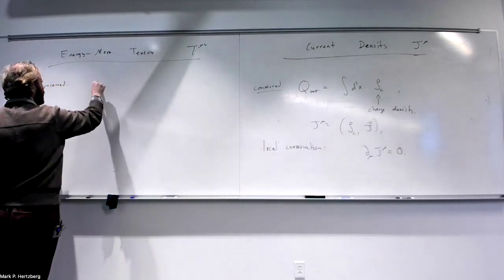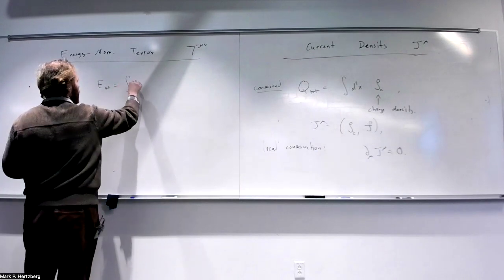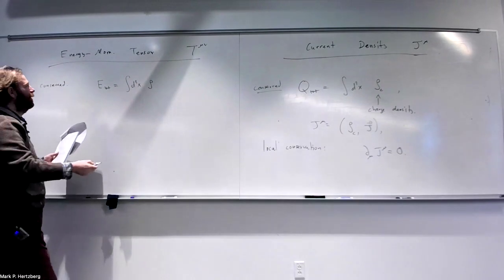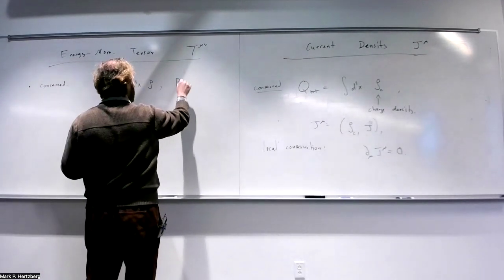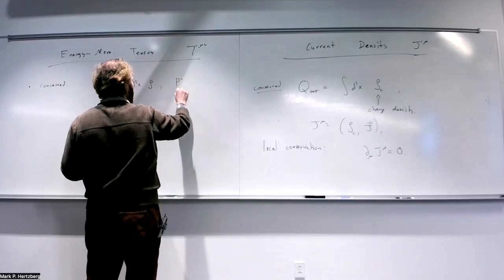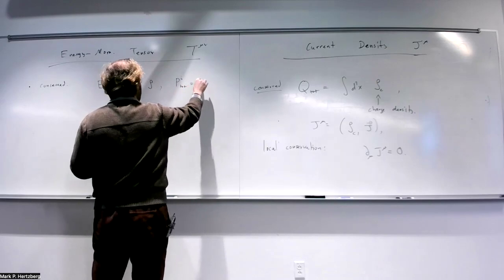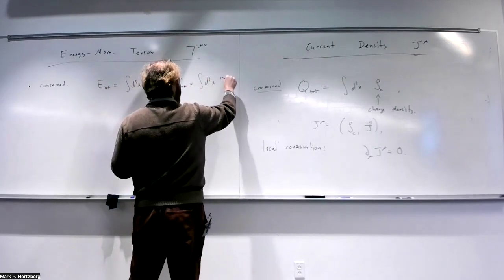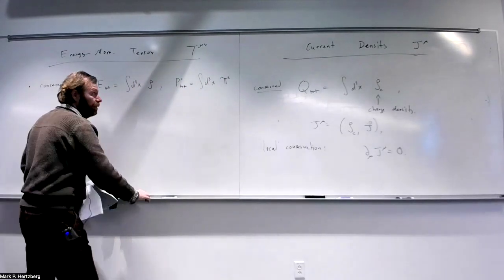Now there's 4 of them. So first I'll write out the total energy, which we're just going to write as the integral of the energy density, naturally enough. And then there's the total momentum P, maybe I'll write it as a vector, as the integral of, I'll use pi, for lack of a better name, the momentum density.